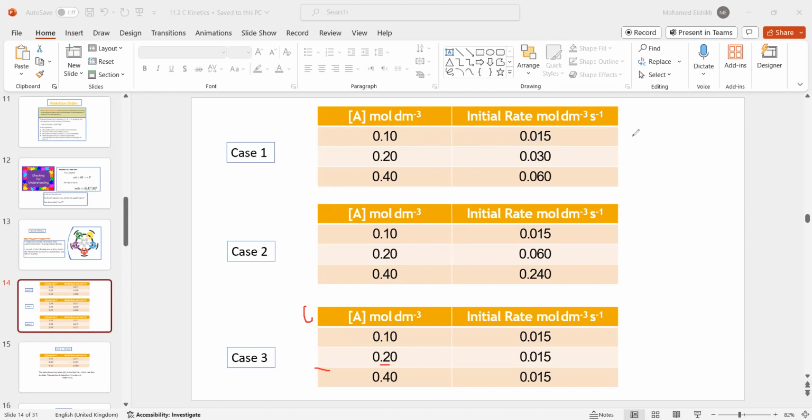So if you take the ratio, and this is how you calculate it, 0.2 divided by 0.1, you take the ratio between two consecutive rows, and you take the ratio between the same rates, so it's 0.03 over 0.015. So this here will be 2, and here it will be 2.